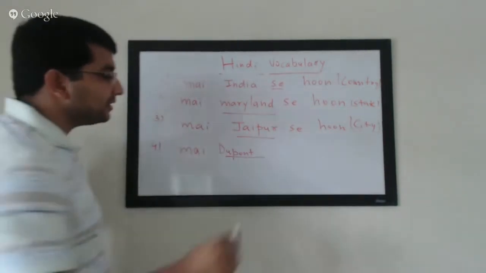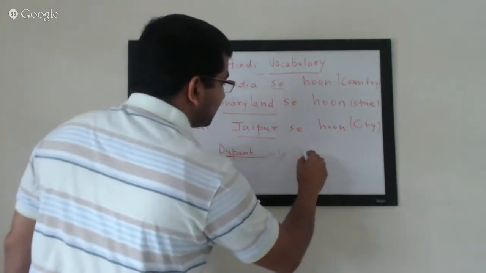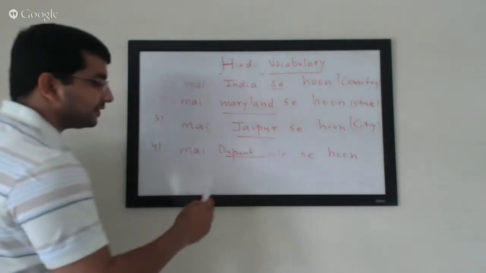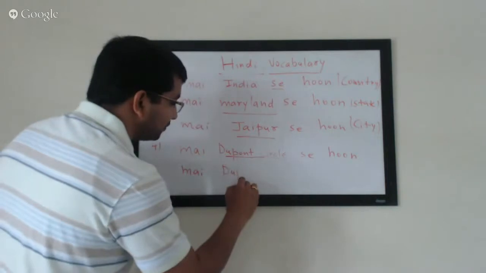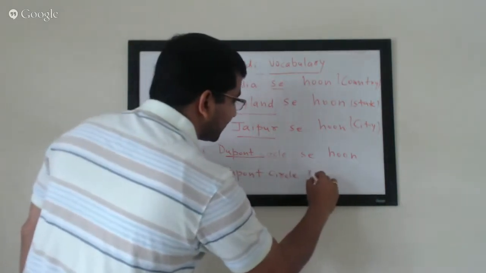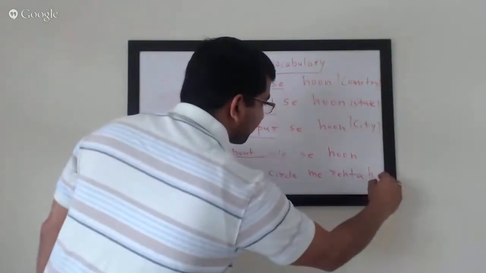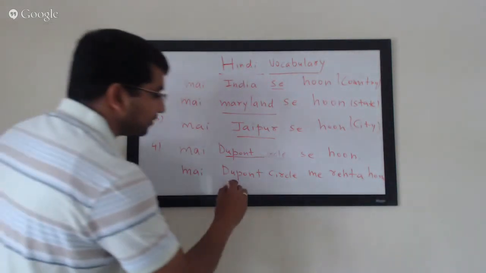मैं DuPont Circle से हूँ. Or because it's very specific, you can also say मैं DuPont Circle में रहता हूँ. That means I live near this area.